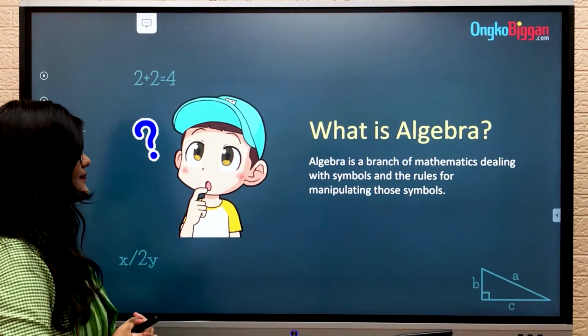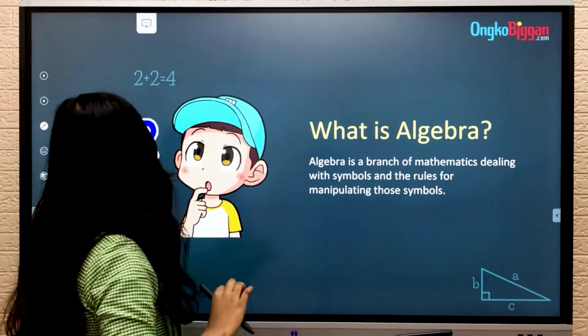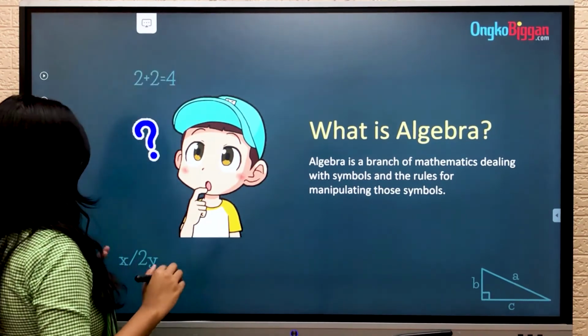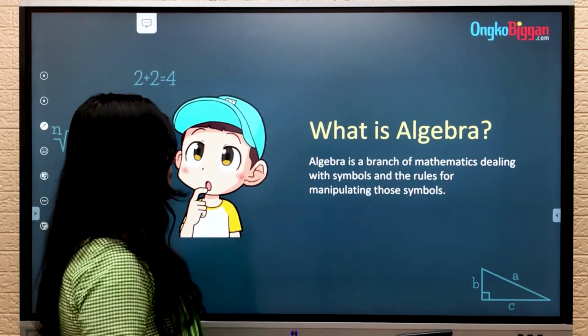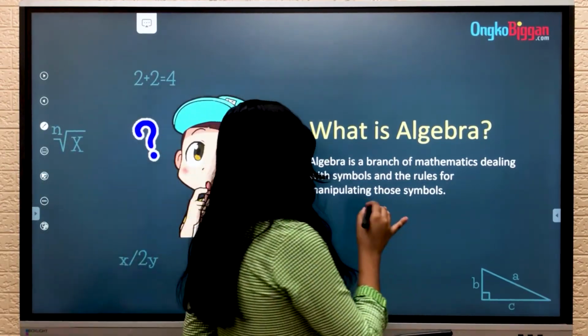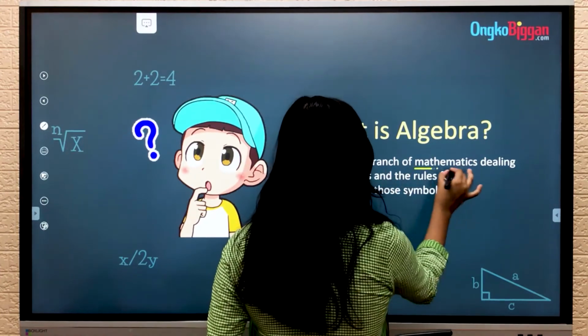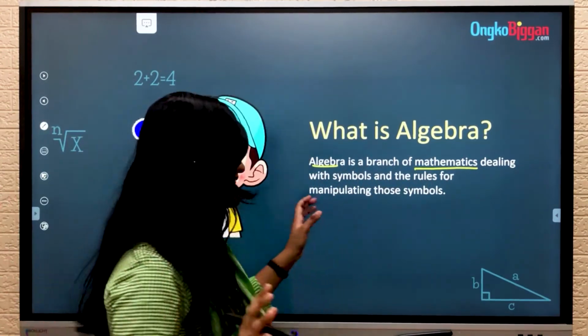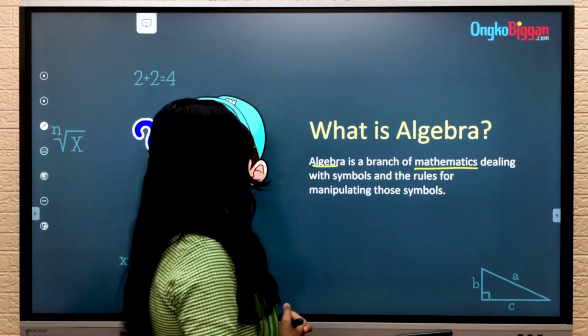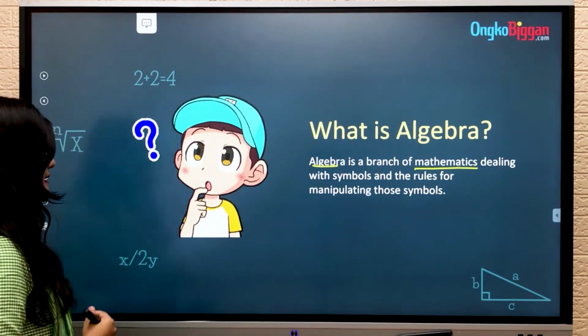Here we have a standard definition, so now we will go through it. Algebra is a branch of mathematics. It's not rocket science, it's mathematics, dealing with symbols and the rules for manipulating those symbols.